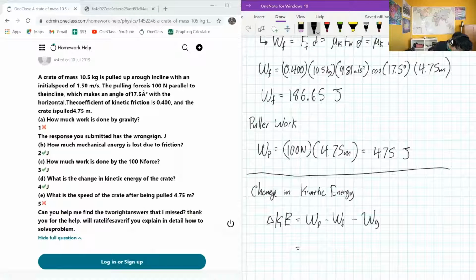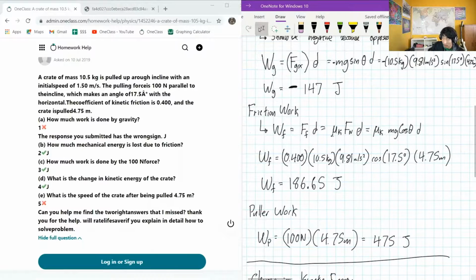So the work done by the puller is 475 joules, minus the work done by friction, that is 186.65 joules, minus the work done by gravity, which is 147 joules.